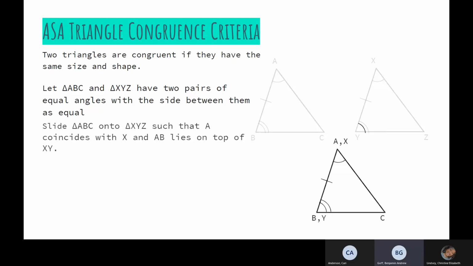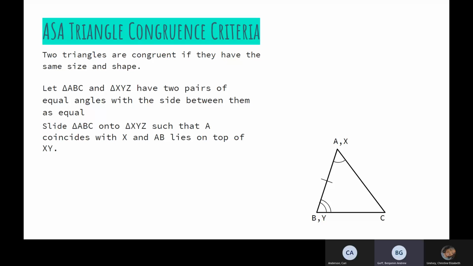Now, what we're going to do is slide point A onto point X such that AB lies on top of XY. Now, since AB lies on top of XY, and we are given that AB is equal to XY, we know points B and Y coincide.